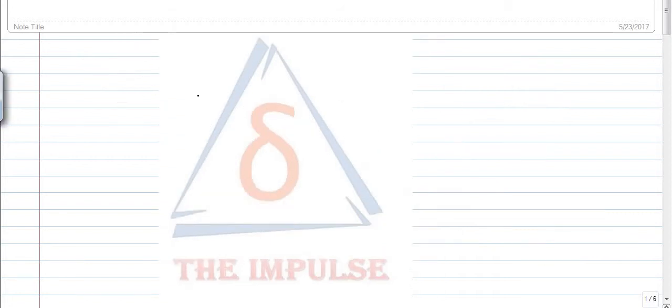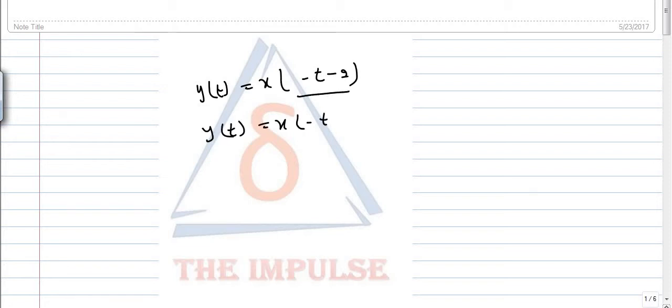Now moving to the next question, y(t) equals x of minus t minus 2. We have already discussed x of minus t; this is nothing but the time shifted version of this signal. Now we will check again for negative time.